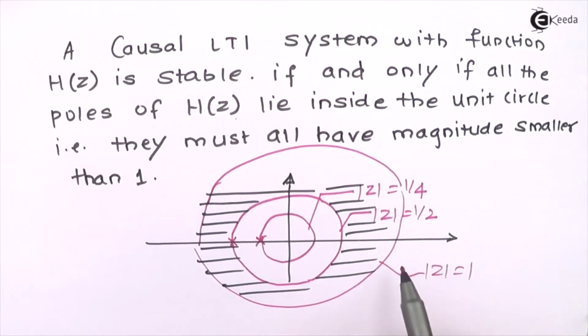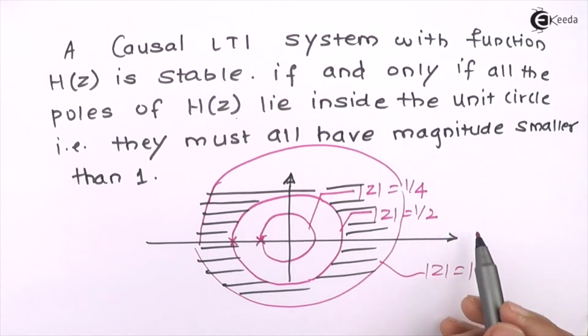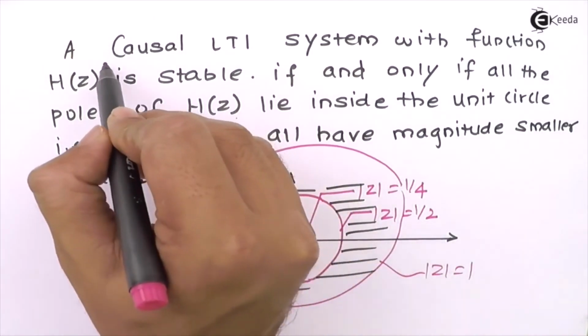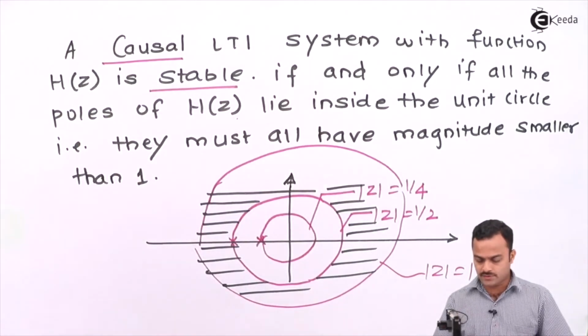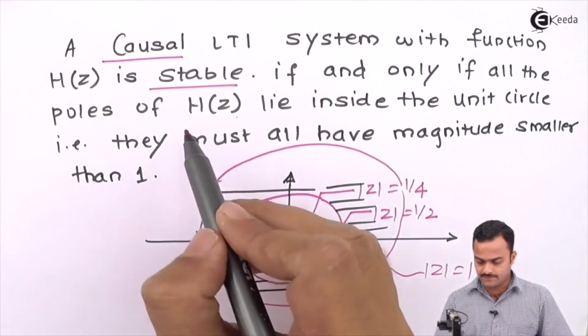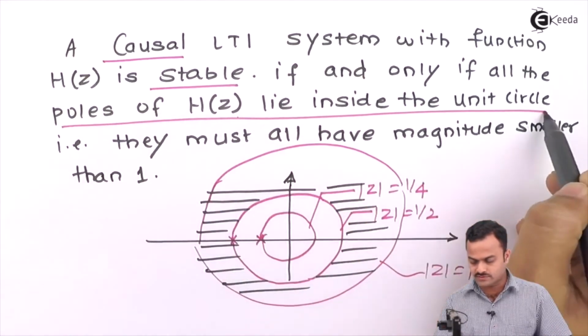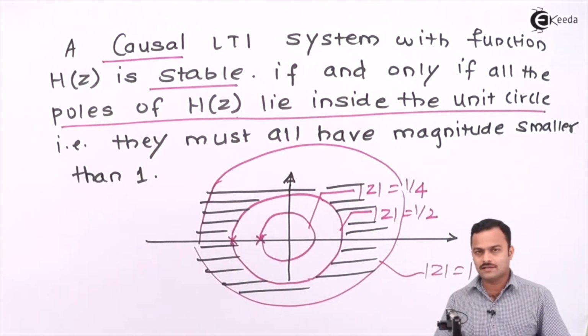So it is outside the outermost circle as well as it includes mod z equal to 1. Hence the system will be causal, and at the same time it will be stable. So it's a very important statement. If poles lie inside the unit circle, then the system will be causal and stable. Thank you.